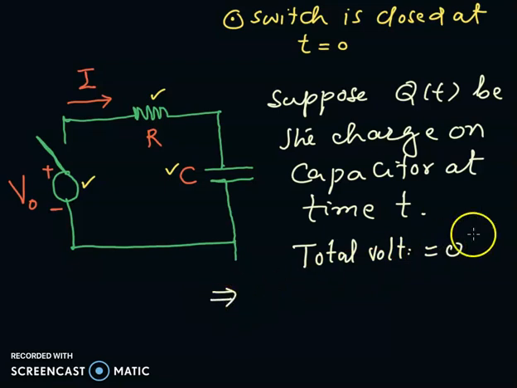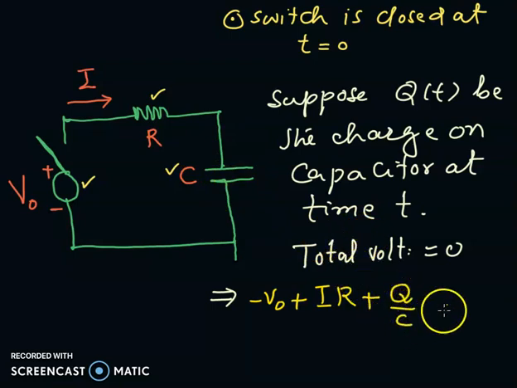So that implies minus V0 plus the voltage at this resistor, which should be IR, plus the voltage over here at the capacitor, which should be Q over C, where C is capacitance, must be equal to 0.